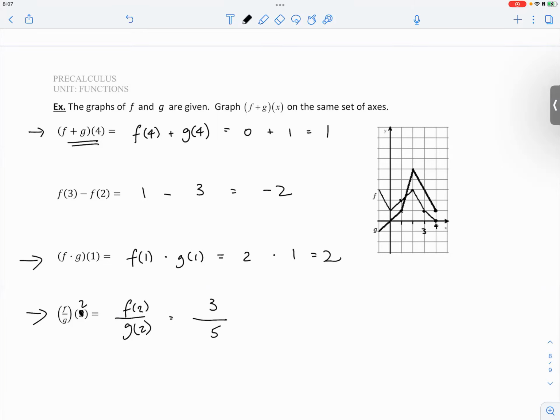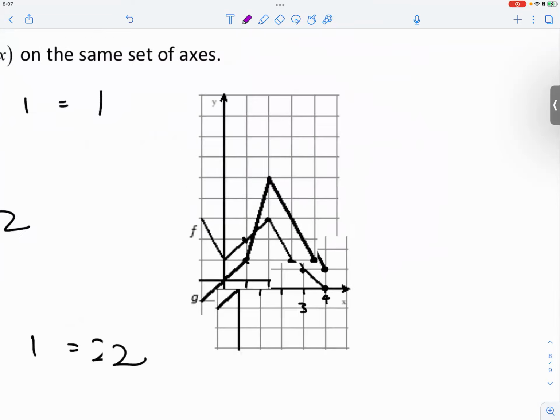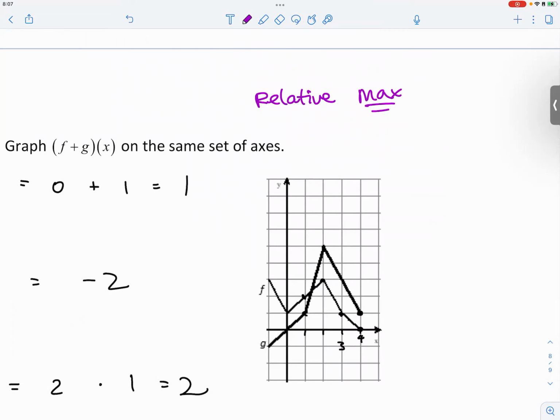Okay, now here's one more thing, though. We have a term. I'm going to write it here. It's called a relative maximum. Now, let me go ahead and use a relative maximum first. So I'm going to ask you this. Can you see that there's a relative maximum for the thick line, G?